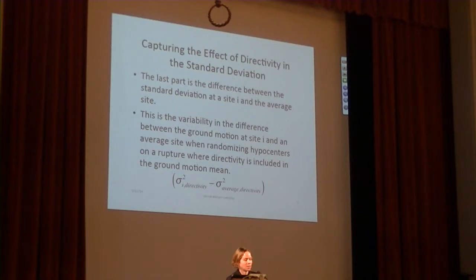The last part is the difference between the standard deviation at a specific site and your average site. This is the variability that you would get by randomizing hypocenters all over your rupture, and then you're calculating the difference.